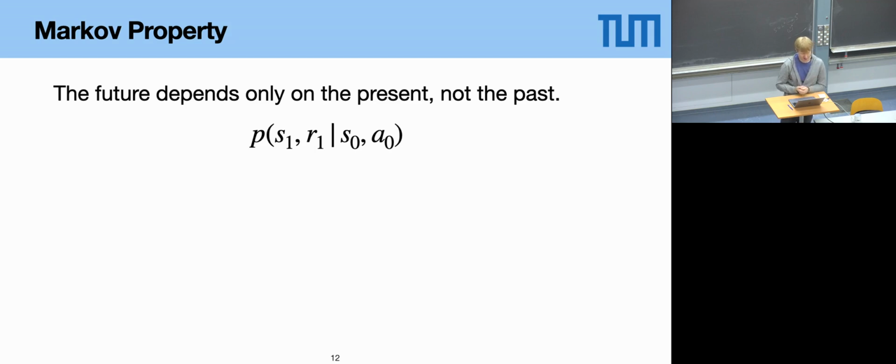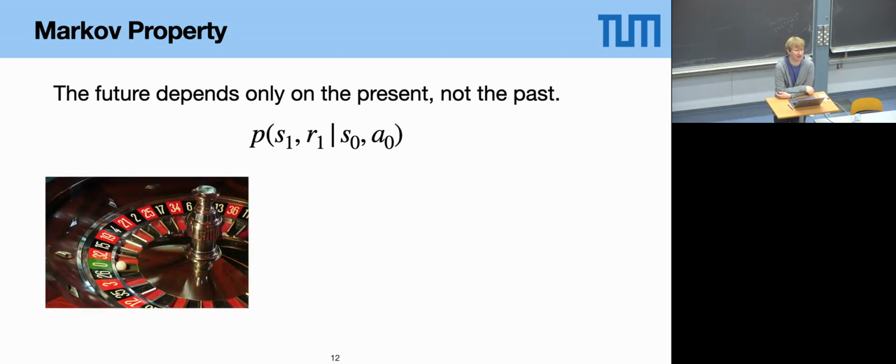Here S stands for states, R for rewards, and A for actions. An example of such a Markov system is a roulette game, where the outcome does not depend on what happened in the 10 games before. So in that sense, it's Markovian.